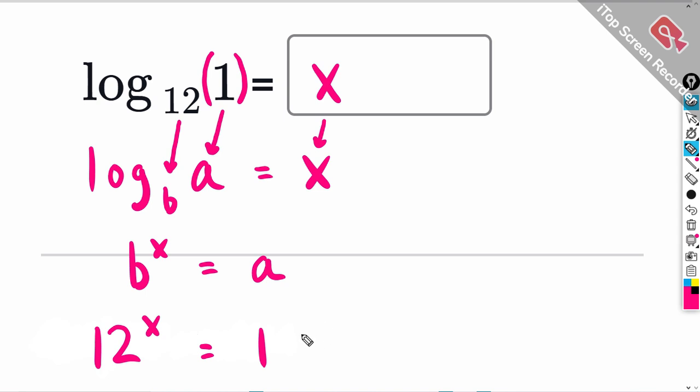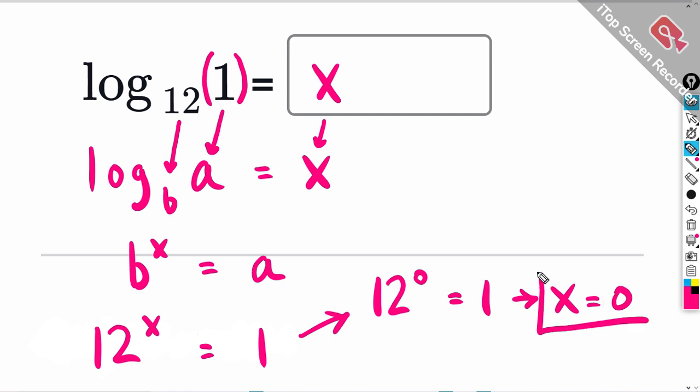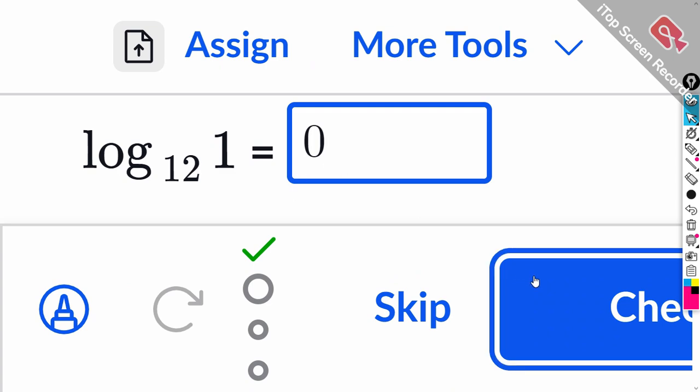Well, we basically already know the only thing x could be is 0, because 12 to the power of 0 equals 1. All right, so clearly x equals 0. And that's it. That goes right in the box without the x. All right, so x equals 0.